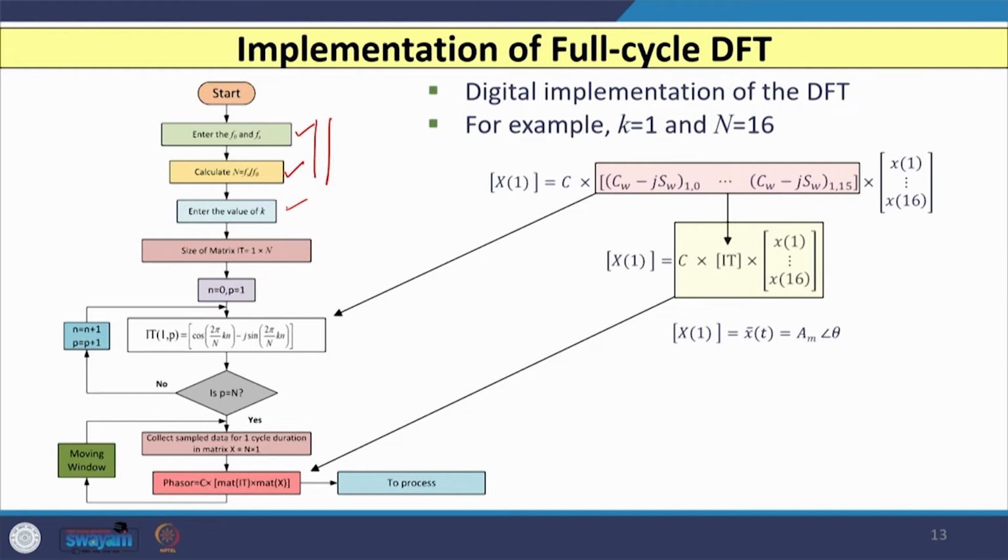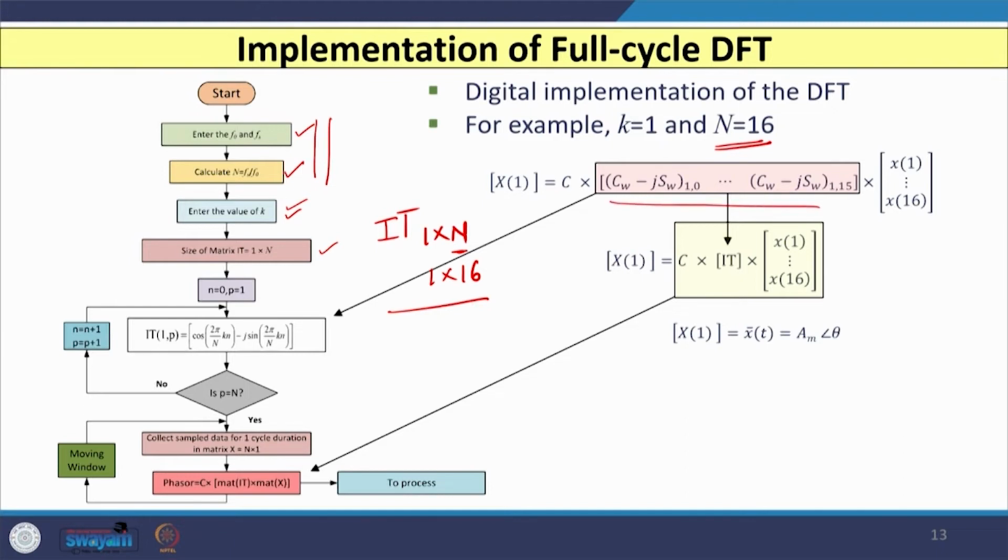Then we have to define one matrix, let us say the IT matrix, and the size of that matrix is 1 cross N, where N is the number of samples in a cycle. So, let us say N is equal to 16, then the size of this IT should be 1 by 16. Now, we want to calculate this weight matrix.